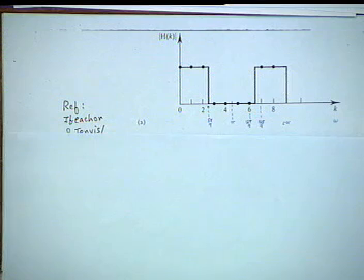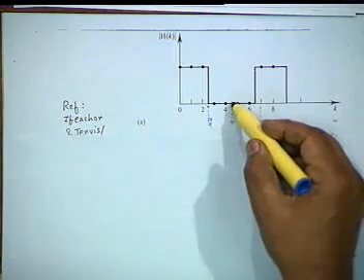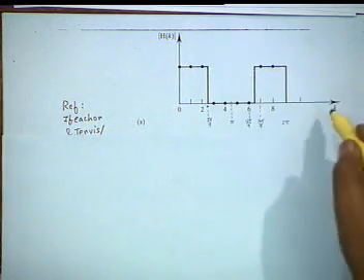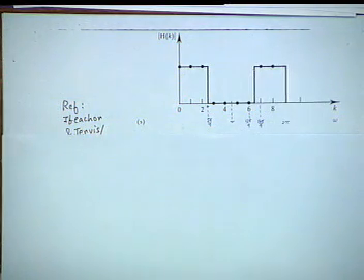Okay? You have to construct the corresponding phase, right? What will be the relationship? E to the minus j omega times n minus 1 by 2. So, e to the minus j 4 omega up to pi, and then beyond pi it has to be the other way around. But you do not require that.